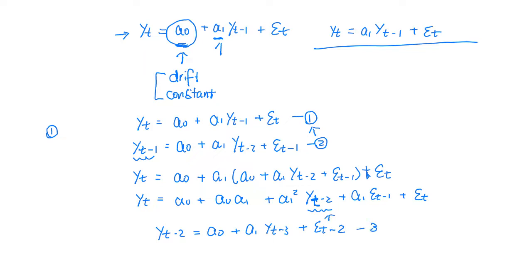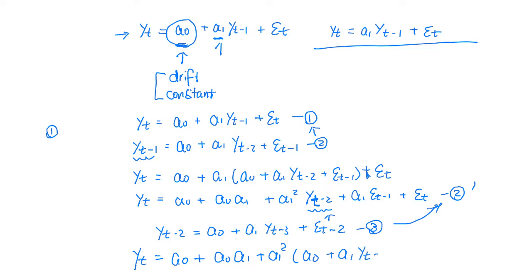This is equation 3; plug it into equation 2, and I will get y_t equal to alpha naught plus alpha naught alpha 1 plus alpha 1 squared alpha naught plus alpha 1 cubed y_{t-3} plus the epsilon terms.